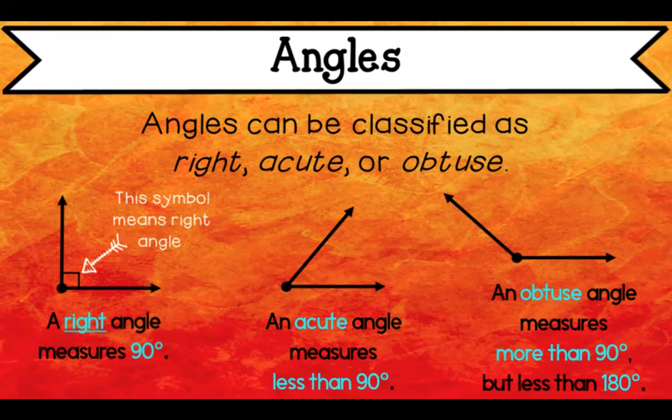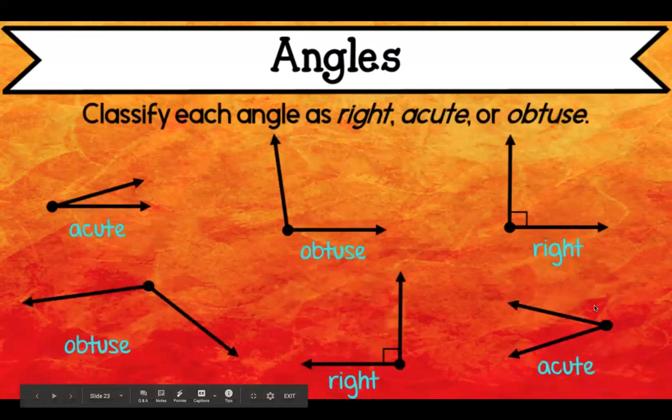It can't be more than a straight line, if that makes sense, okay? So it's going to be something bigger than 90 degrees. It's big. It's a really wide angle. Acute angle is small, and a right angle is exactly straight up and straight across, like a perpendicular angle, and it makes the square symbol.